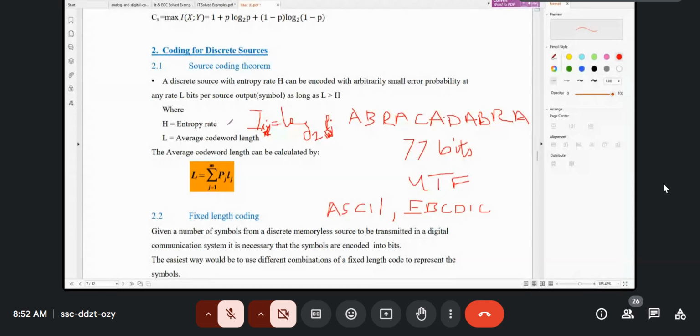When you put x j, it means the j-th symbol. So you can encode such that the length depends on the information content of that symbol.